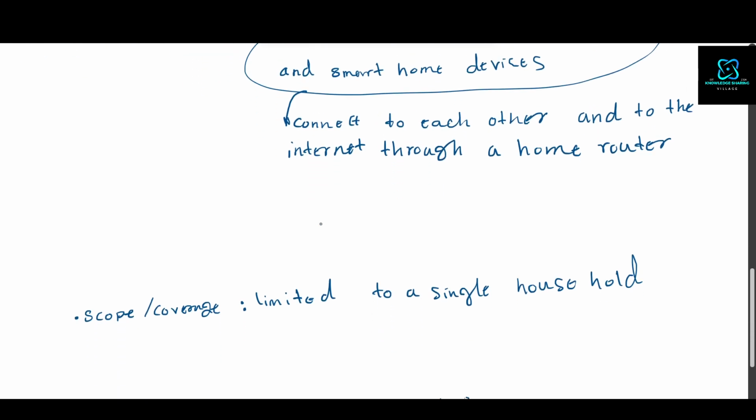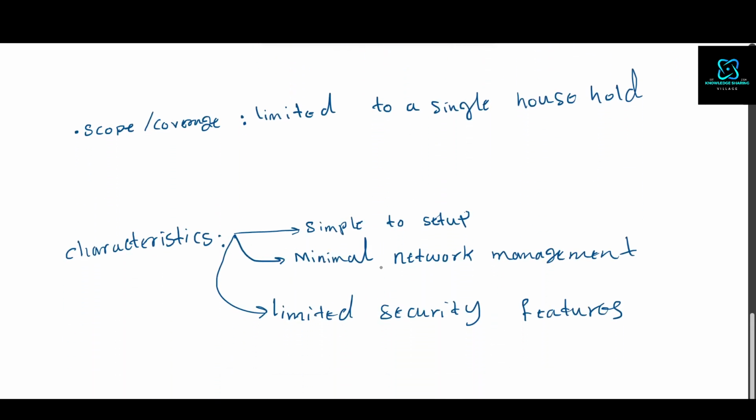But here it is sufficient to know that these devices connect to each other and to the internet through a home router that you buy from a store, and its scope or coverage area is very limited to a single household.